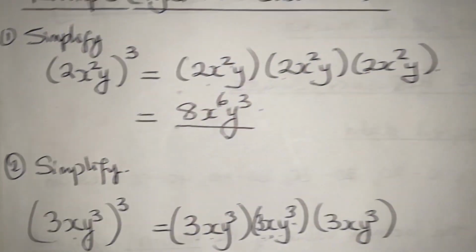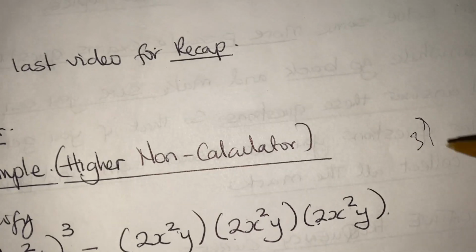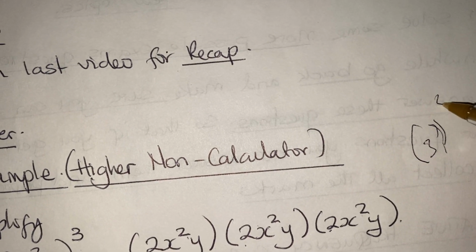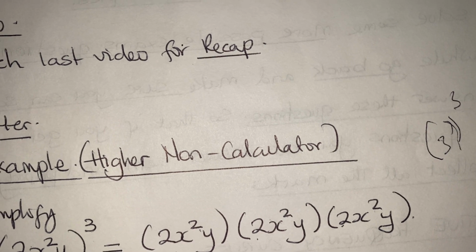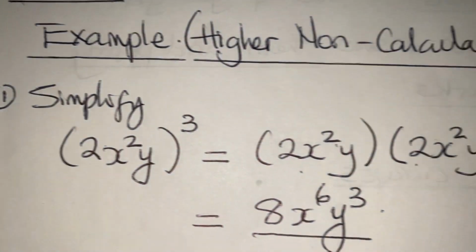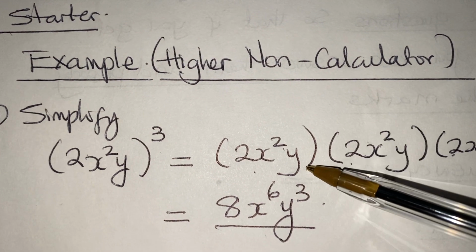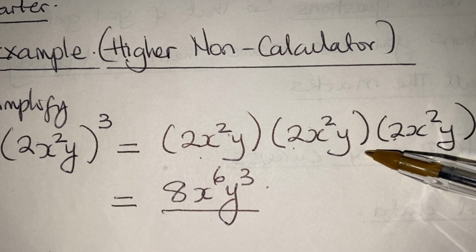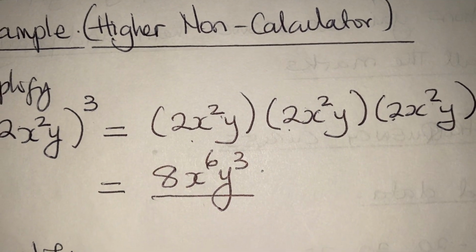It's like 3 to the power cube is 3 times 3 times 3. So this also means 2x squared y, another 2x squared y, another 2x squared y, 3 times.